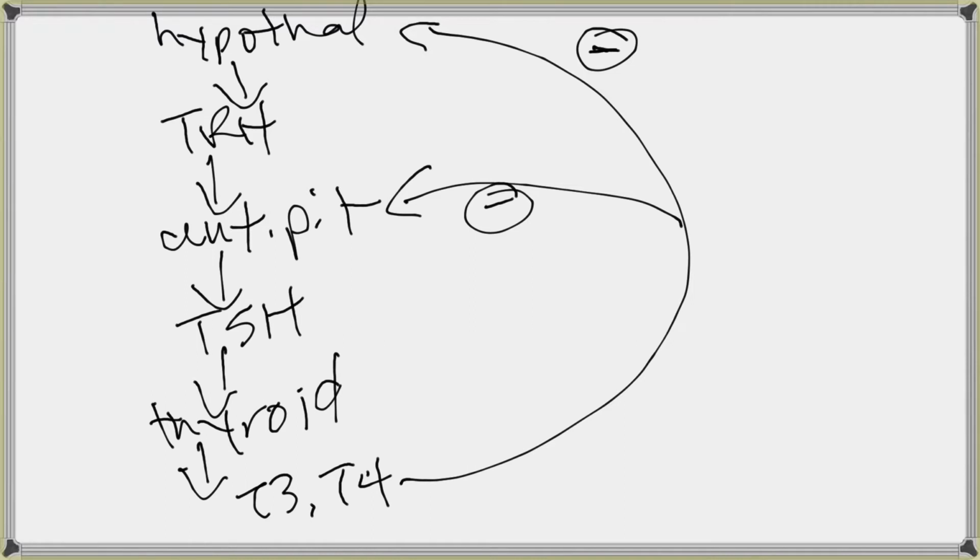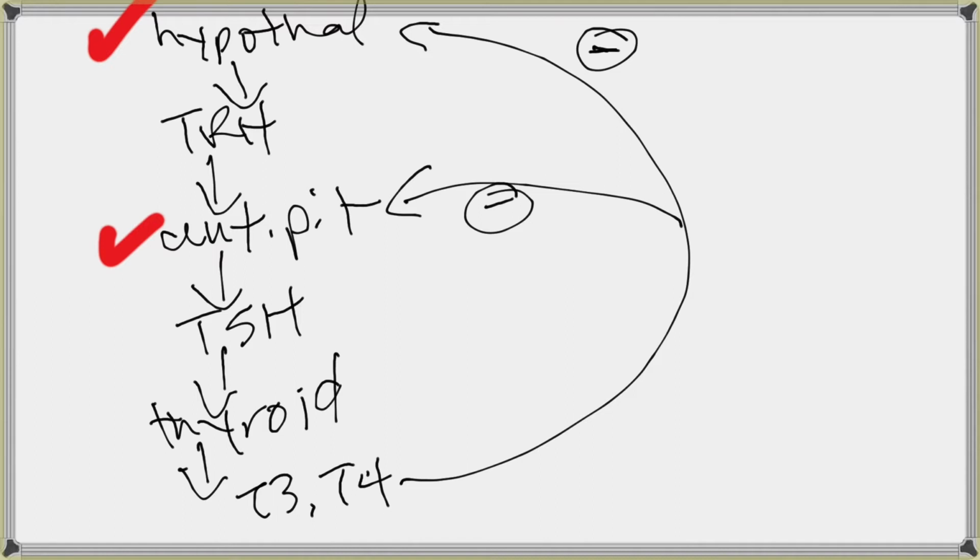Okay, so first let's do hyposecretion. The hypothalamus is doing just fine and it's making TRH, and the anterior pituitary is just fine and it's making and releasing TSH. But the thyroid is broken. Maybe it's got an autoimmune hypothyroidism and your immune system killed off your thyroid.